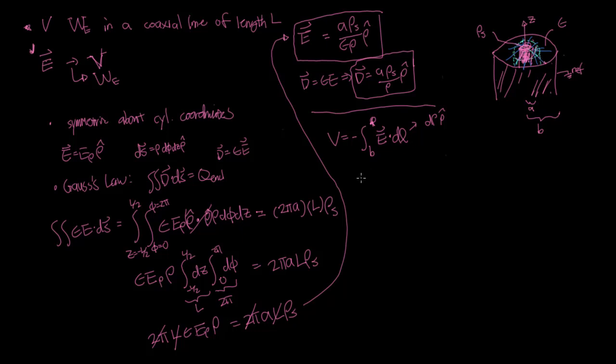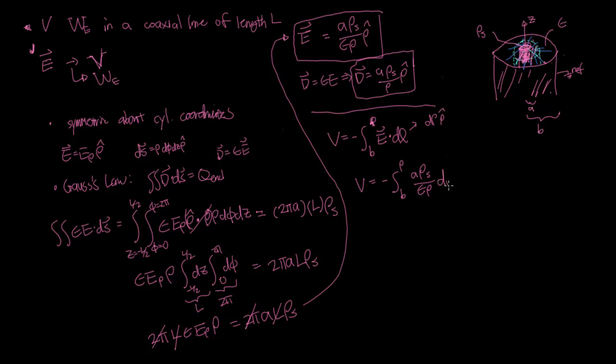So plugging in our function here, V is going to be equal to minus the integral from b to our arbitrary rho value, and this will plug in this electric field, a rho s over epsilon rho, and then rho hat dot rho hat is going to be equal to 1.